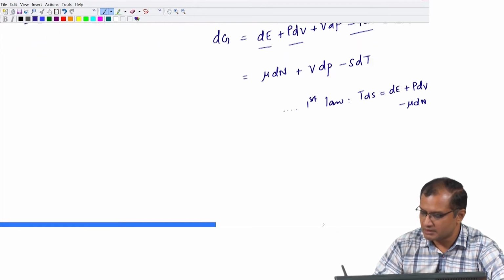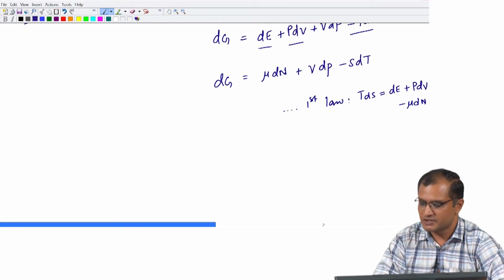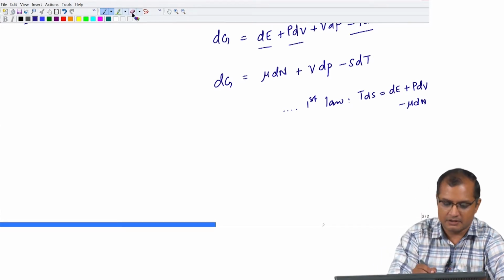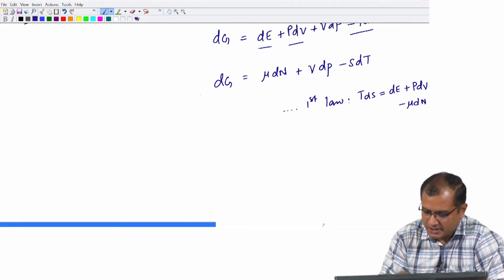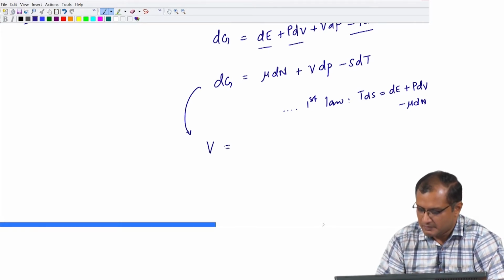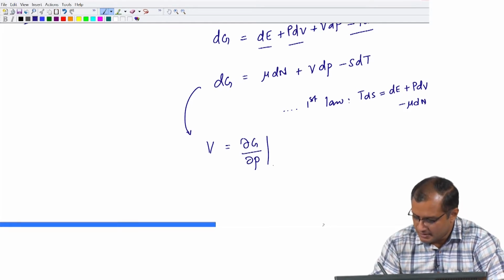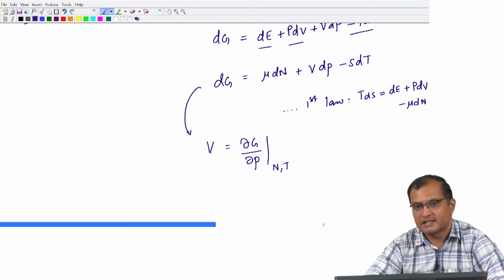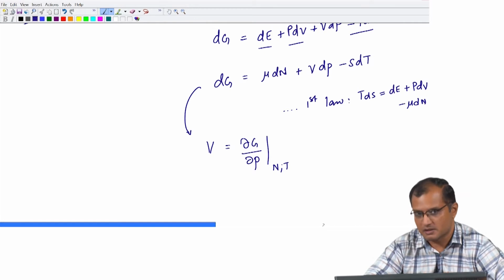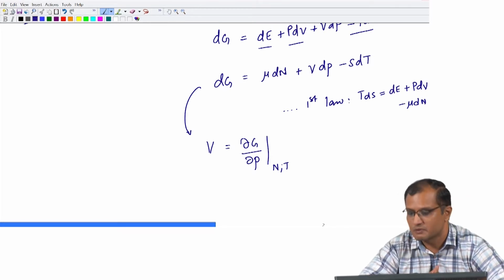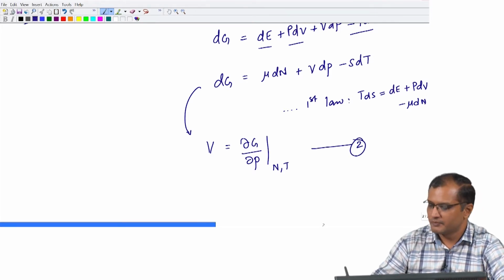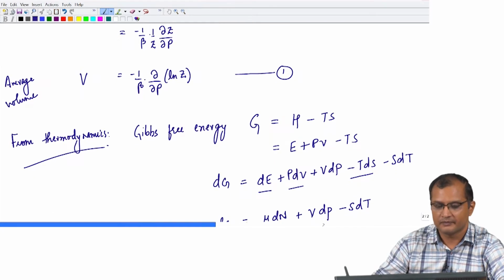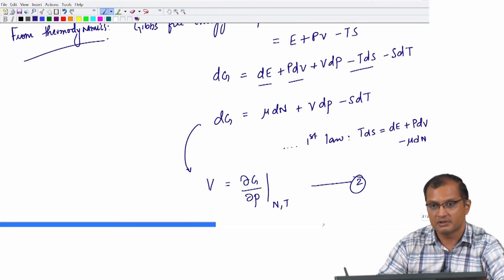Okay. So, now you can look at this differential form of the thermodynamic law and write down the value of volume. So, this gives me volume as dG over dP at constant N and T, and this is exactly my system. My T and N are constant and I want to see how my Gibbs free energy changes with pressure. So, if I compare this equation 2 with equation 1, just look at the left hand side, they are both volumes, thermodynamic volumes.